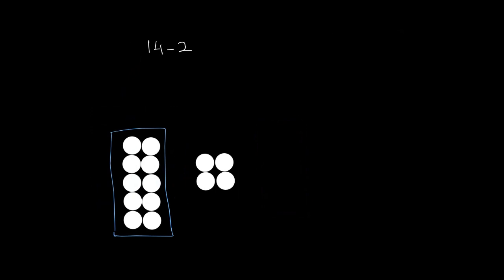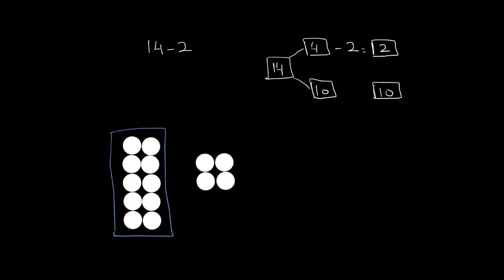Again, what we're trying to do is remind the child that here's a 14. I've broken up the 14 into a 4 and a 10, and we're going to subtract off the 2 because we can. If you have 4 balls here, we can certainly subtract off the 2, and we're going to be left with 2 balls over here, and the 10 stays as is, and we're going to have 12 balls.